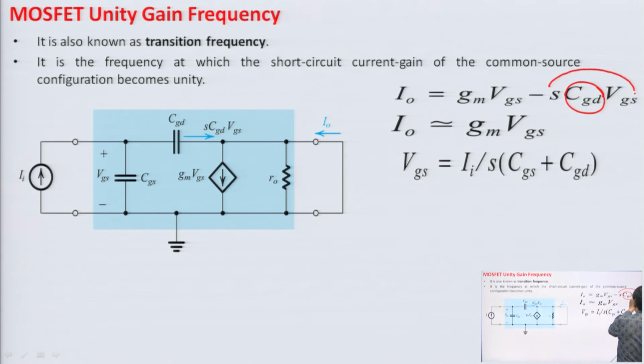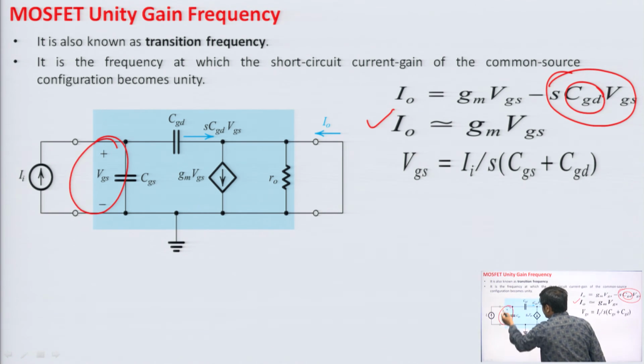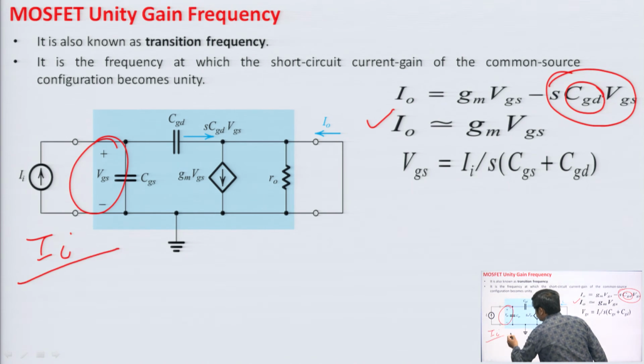So, we can neglect this term, minus S into CGD into VGS. If it is neglected, then I naught will be gm into VGS. Now, from this model, we can calculate the value of VGS. VGS will be the current upon total impedance. The total impedance is CGS plus CGD.